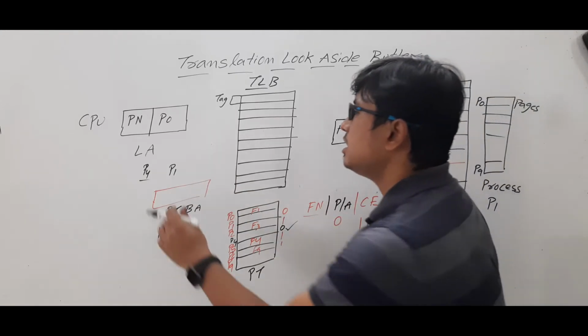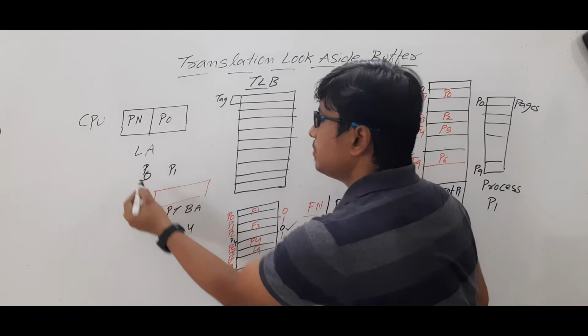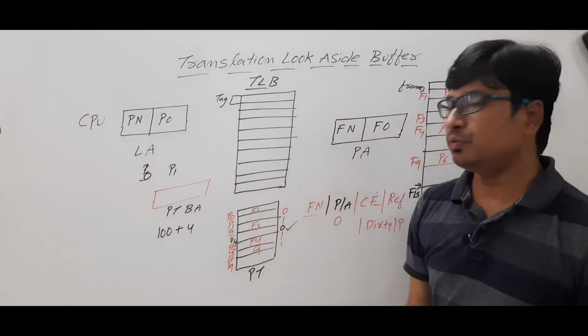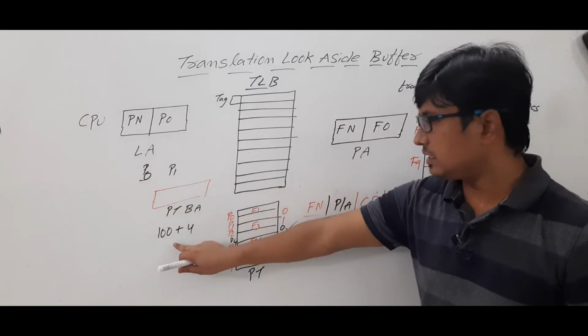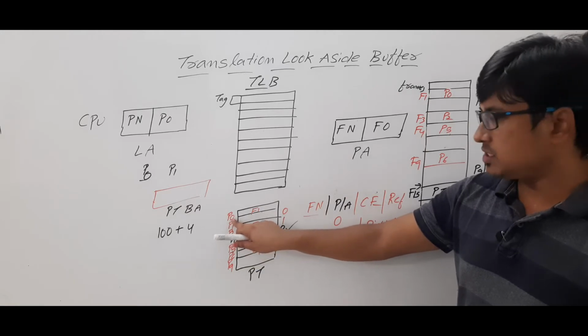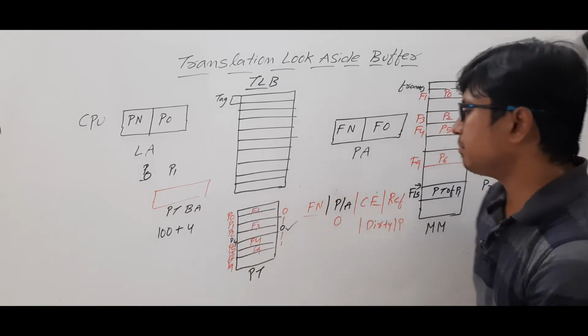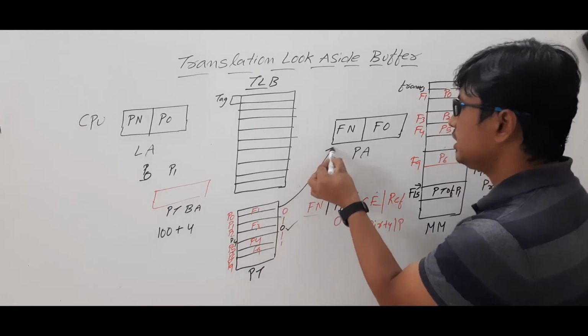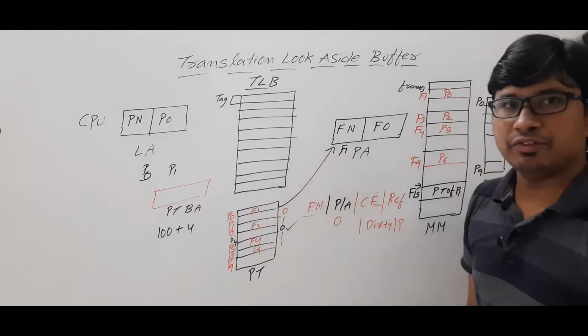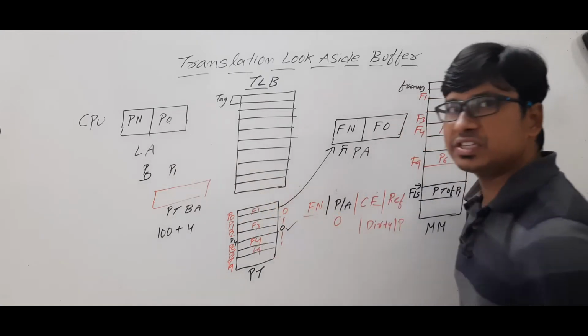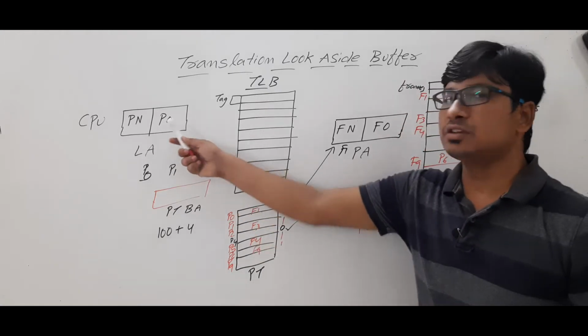Suppose the CPU is accessing page number 0 of process P1. It will go to the base address and then go to page number 0. Page number 0 is available in frame number 1. So it will give the frame number 1 information, and the page offset depends on the size of the page.